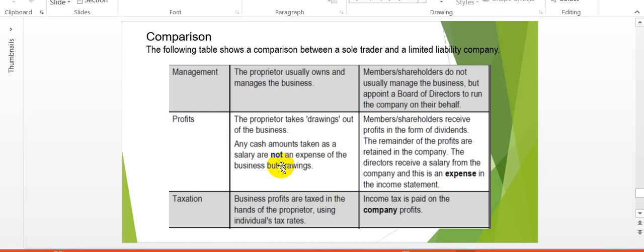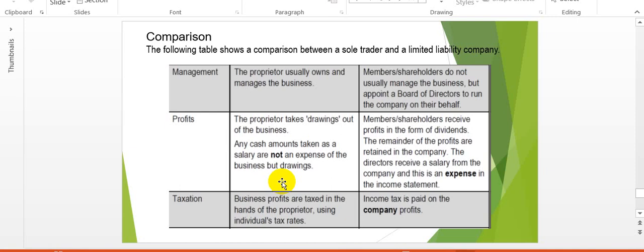So each time the sole trader takes out either money or goods from the business, these are known as drawings out of the business. Any cash taken out is not a business expense, but instead it's a reduction of the sole trader's profits initially, eventually a reduction of capital.